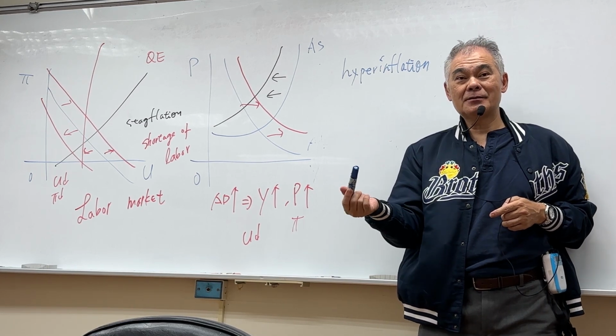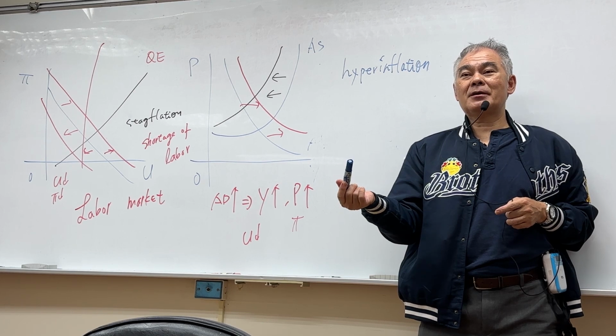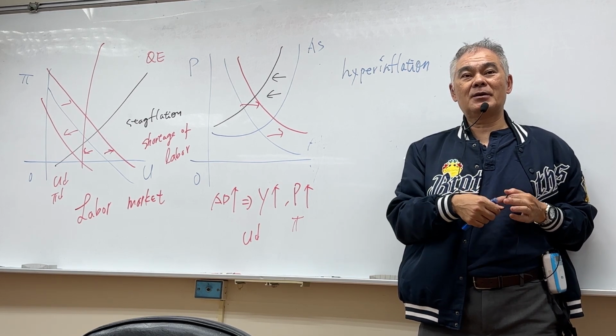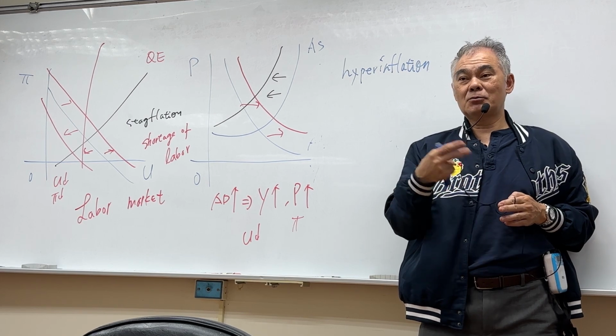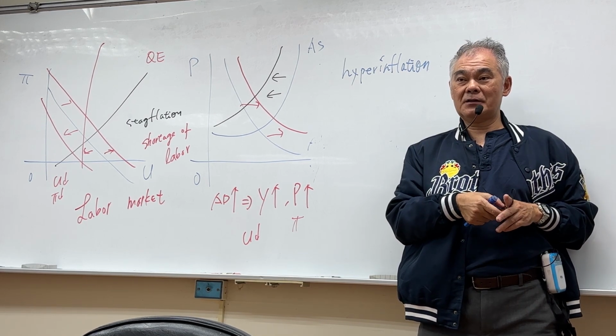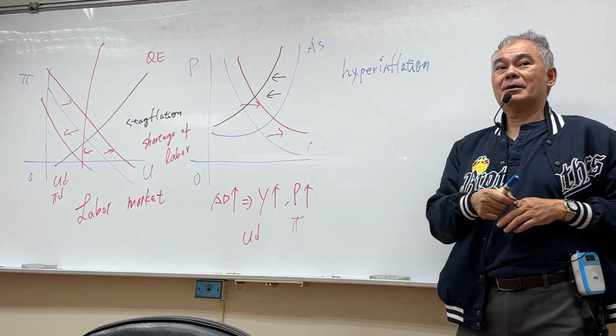The price increased. So it's kind of crazy, right? For each meal, probably you would take 30 minutes to finish it, and just in 30 minutes, there's so much inflation. That's kind of crazy. But that is something that could happen.